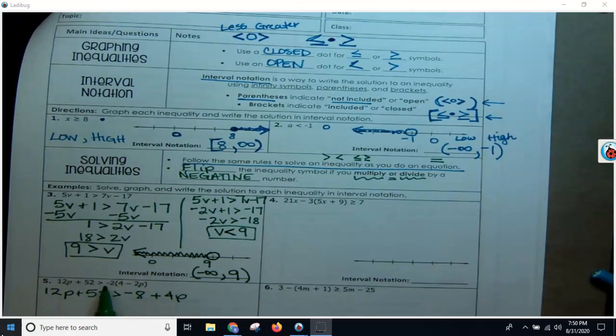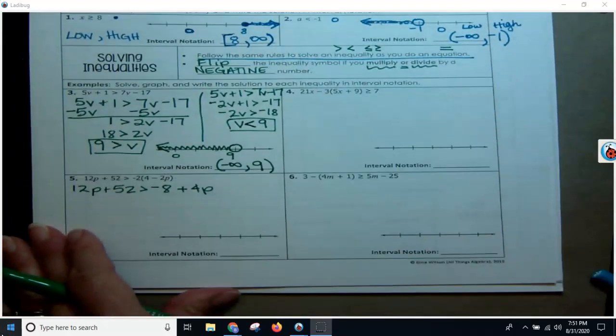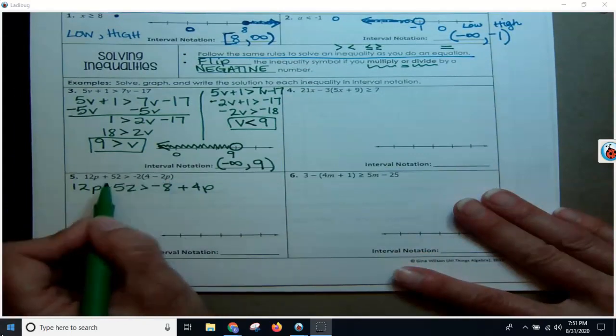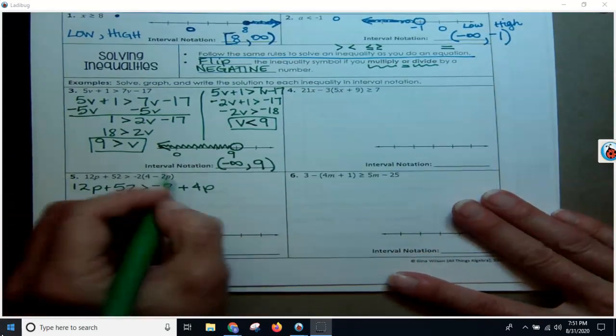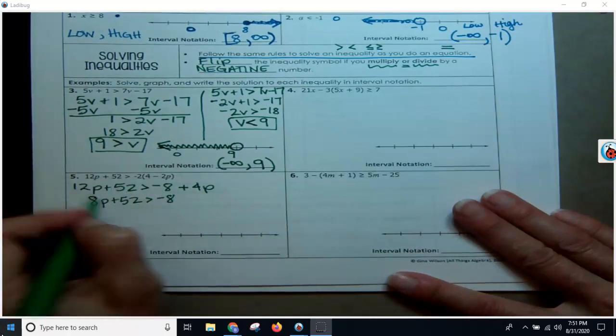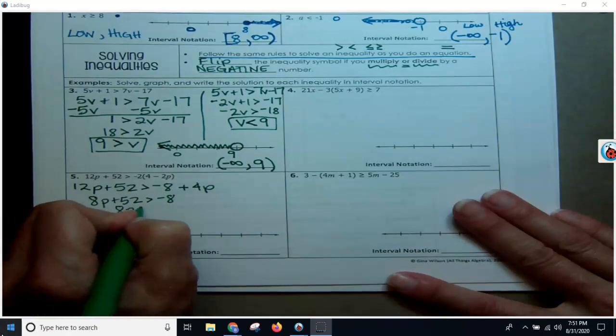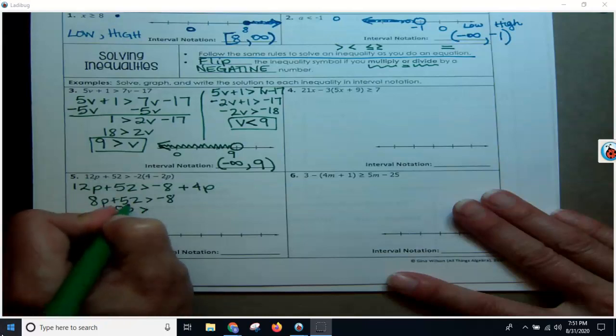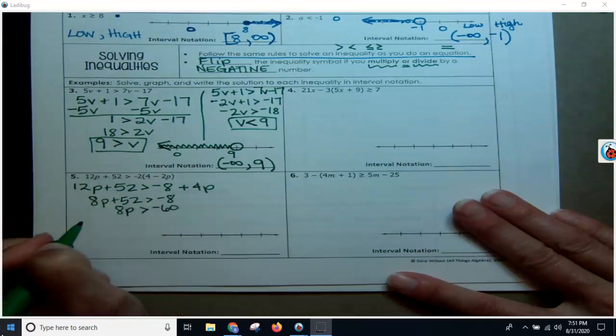I'm not switching any signs because I haven't divided or multiplied across the inequality. Even though I'm multiplying by a negative, it's not across the inequality. Now I'm going to subtract 4p from each side, so I'd get 8p plus 52. Then I'm going to subtract 52 from both sides, 8p. I'm subtracting, I'm not dividing or multiplying, and I'm going to get negative 60.